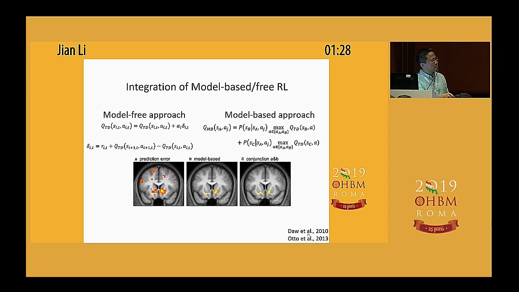This suggests that the processing of both types of prediction errors seems to be co-localized in the same brain areas, meaning that this brain structure is responsible for two types of reinforcement learning mechanisms.